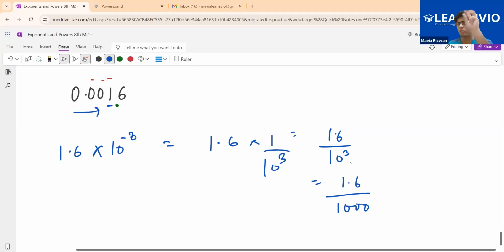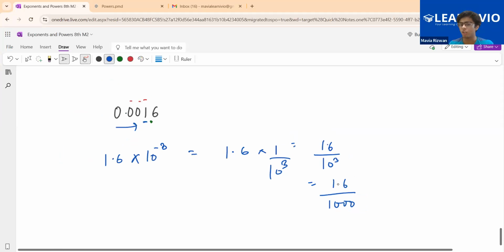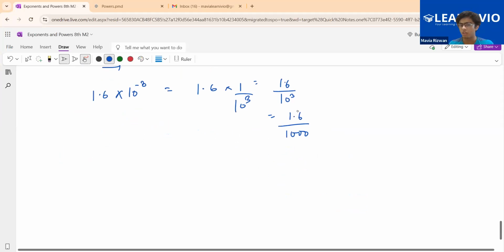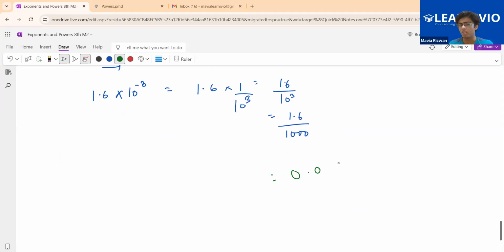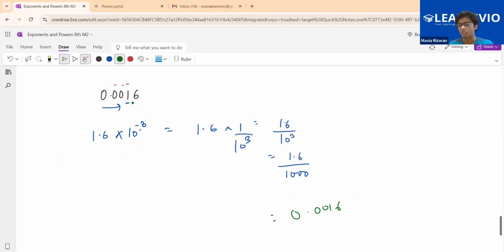The trick is, the power tells the equal number of zeros. Now 1.6 by 1000. We already know how to do this: jump three places behind. So that would be equal to 0.0016. Eventually we are getting this only, right? So this is the proof of how this is possible. Is this clear now?